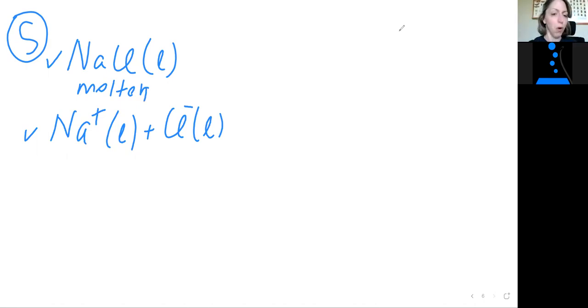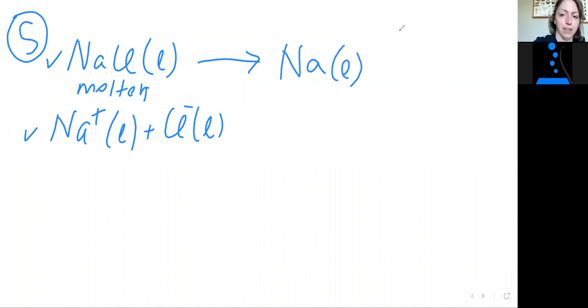Because in molten, that means that the ionic compound is liquid, it can dissociate into its ions. So it doesn't matter which one you look at, but bottom line, the important part is that when you electrolyze a molten ionic compound, it will be broken into its elemental forms. So Na plus is going to go to Na solid, and Cl minus is going to go to Cl2 gas. Okay, so those would be the products.